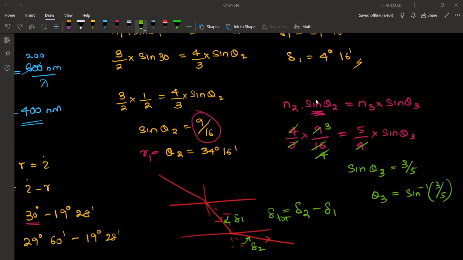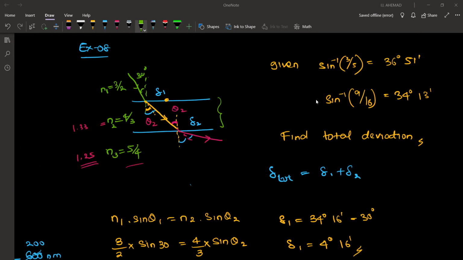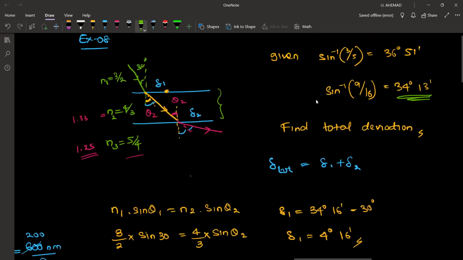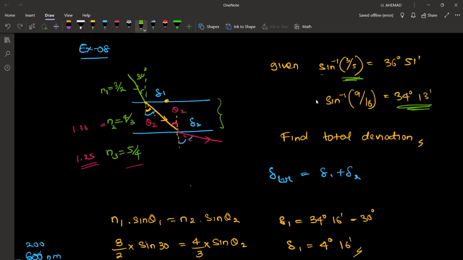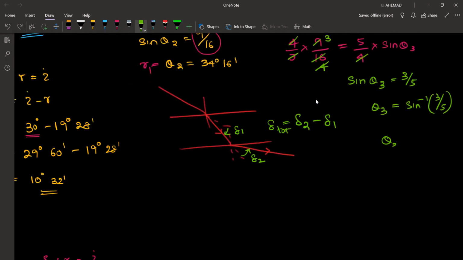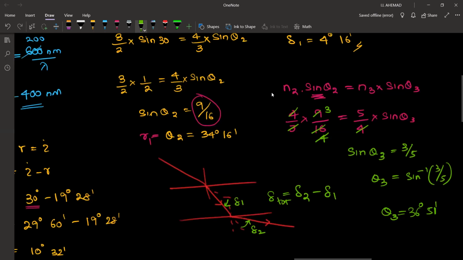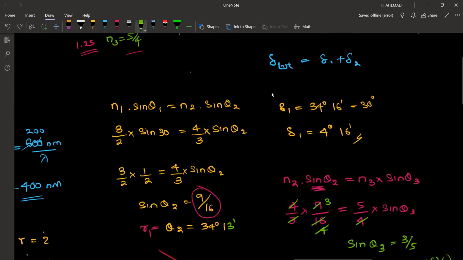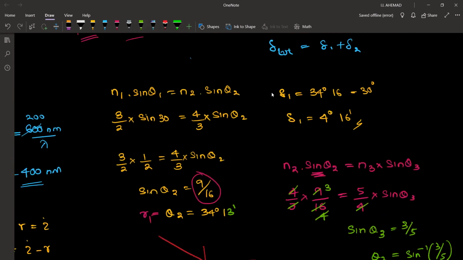Theta 3, that is sine inverse 3 by 5, that is 36, 51. So theta 3 is 36 and 51. Here it should be 34 and 13. That is how it is mentioned above. Okay, 34 and 13.